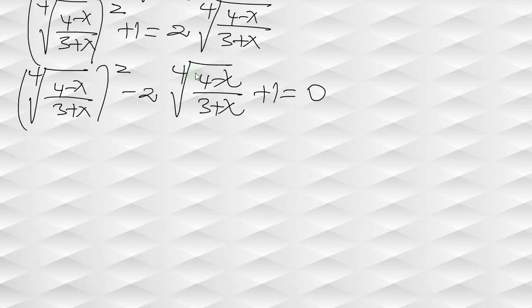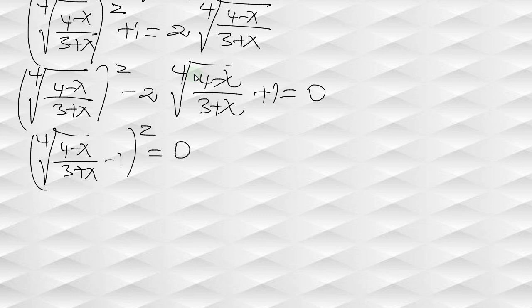So if we look here, we're gonna realize that this is a perfect square, right? And this perfect square is just the 4th root of 4 minus x over 3 plus x, minus 1, all to the power of 2, and this is equal to 0.